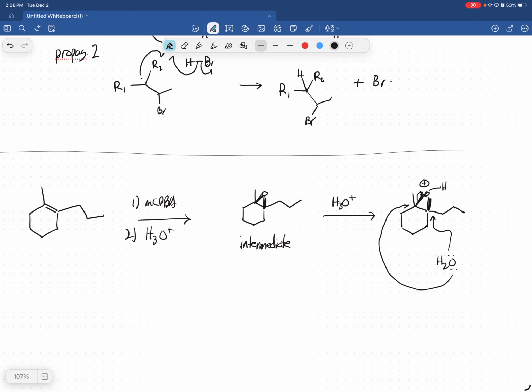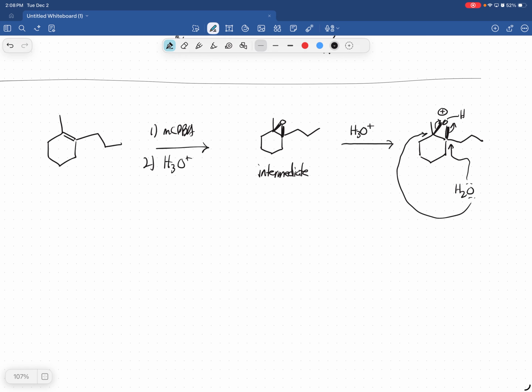So you're going to get openings at both sides of the epoxide. So let's separate this out. So we're going to get one product here. So this is technically dashed, now this is wedged. Oh, but I don't think it matters, does it? Well, I think it does, because you're going to get different enantiomers, okay?